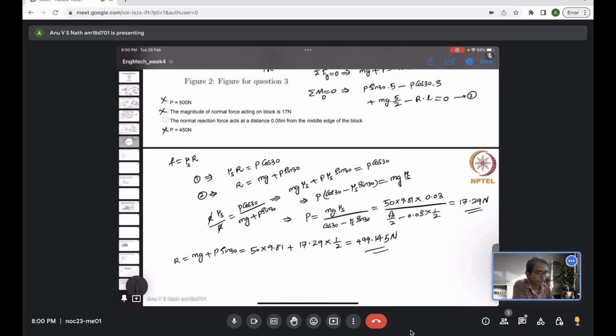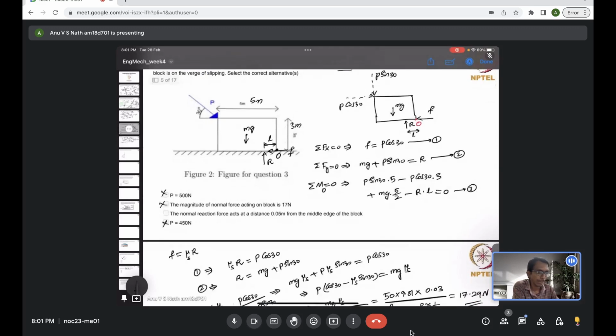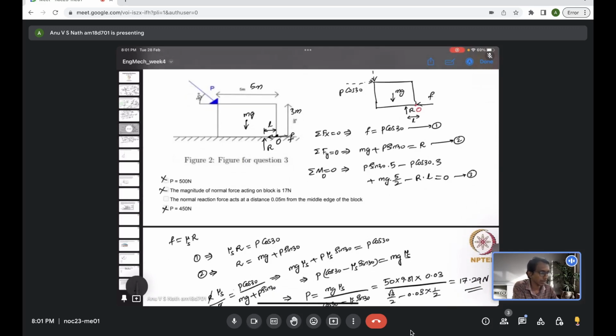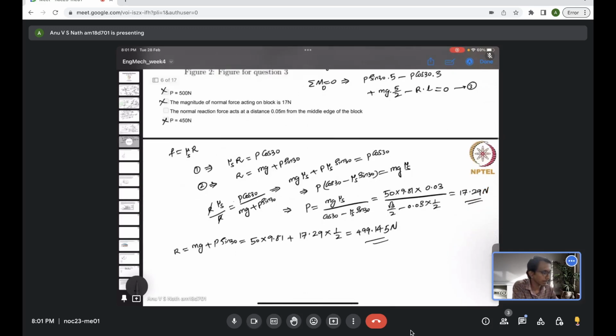Okay. Now only option C remains. The normal reaction force acts at a distance of 0.05 meter from the middle edge of the block. We have to verify whether it is correct or not. So for that, we have to find where the reaction force R is passing. So we have to use the third equation, the moment equation.